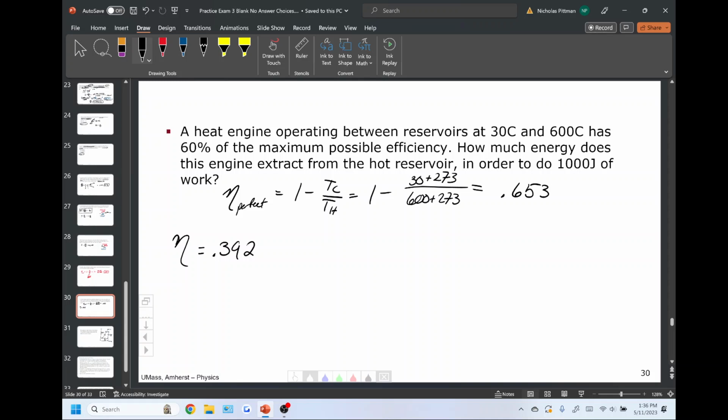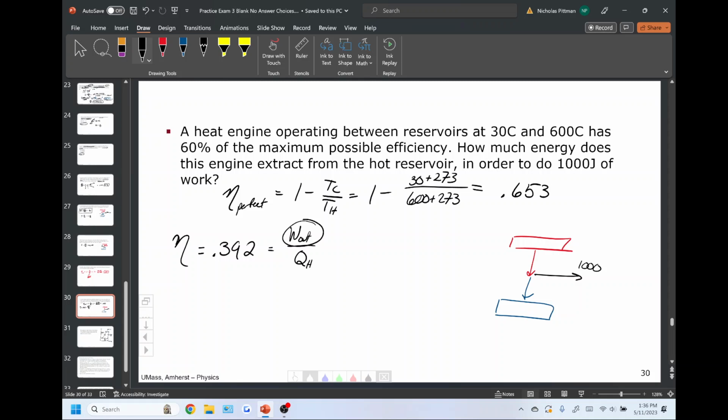All right, now let's draw an engine diagram. Work out would be 1,000. I actually don't think we'll need the engine diagram, but it's good to have. So we're told eta is 0.392, and we know eta is work out over Q hot.